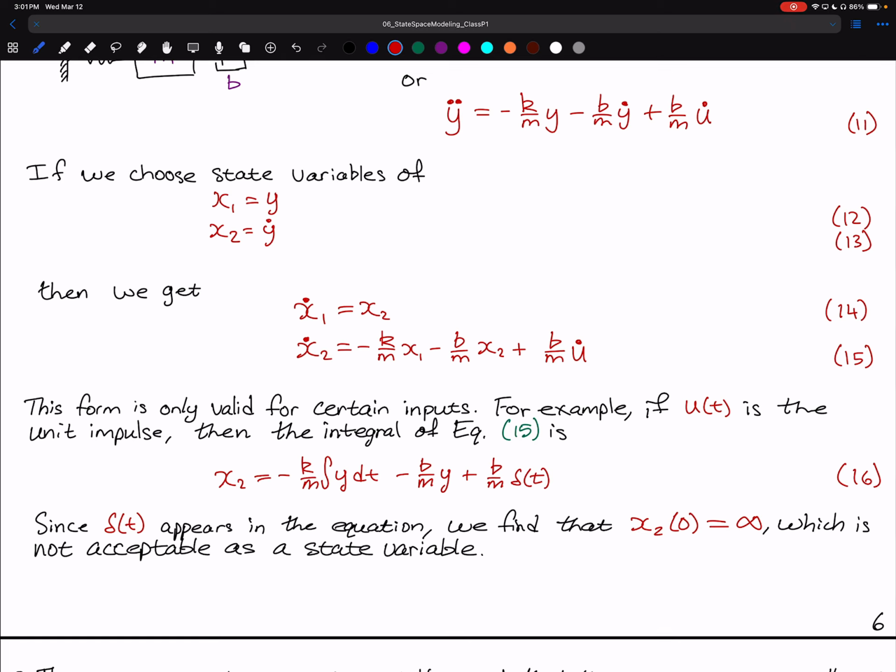Since we have this Dirac delta appearing, it means that x2 at 0 is going to be infinity, and that is not acceptable for a state variable. We cannot have a state variable that has an infinite value at any point in time.